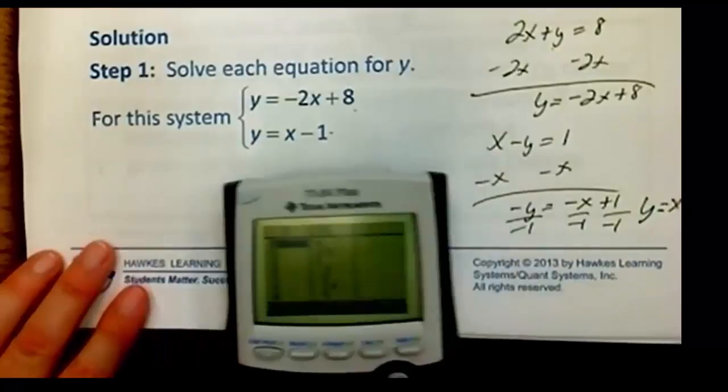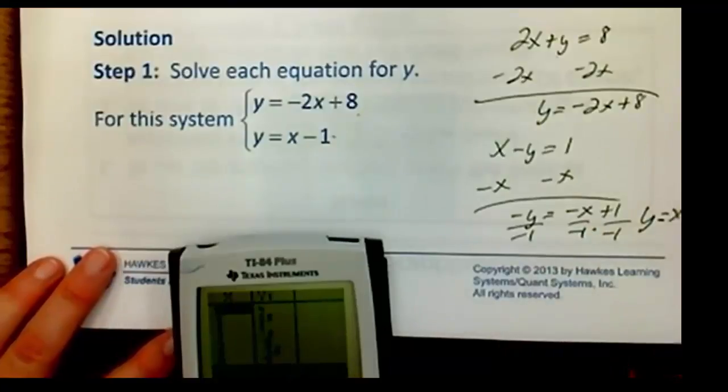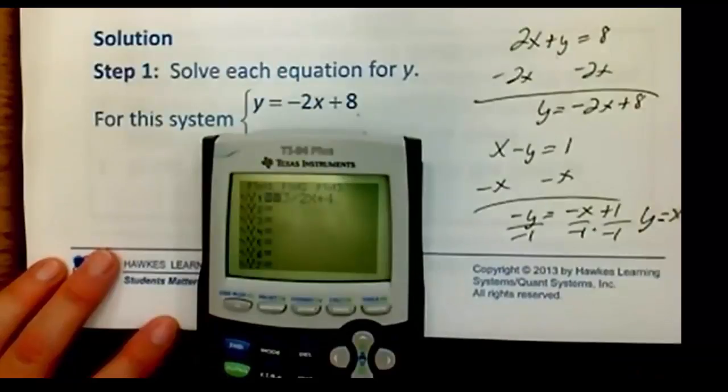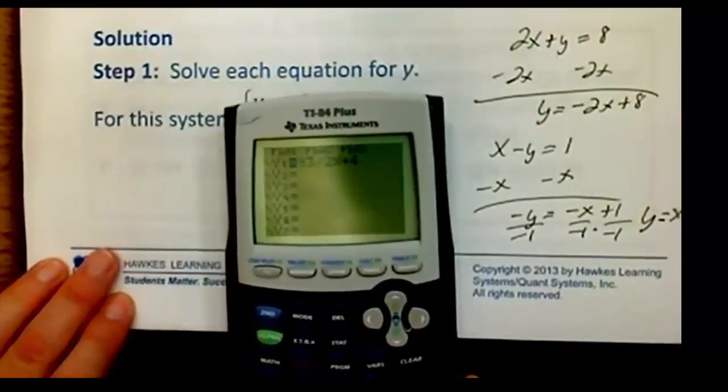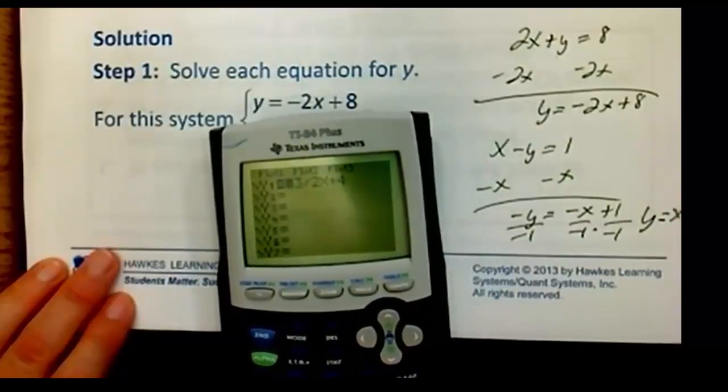So, we good there with that part? Solving for y and getting stuff by itself? Okay. Then if we go back to our y equals, and if you hit your clear button, I can't get the calculator ever to show right up here.